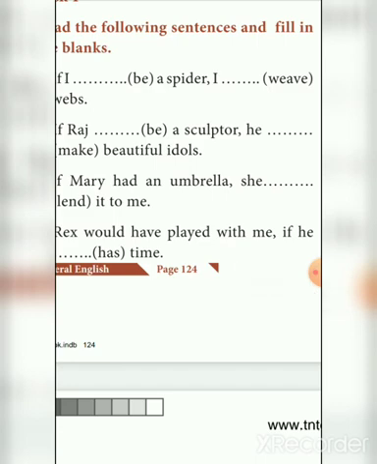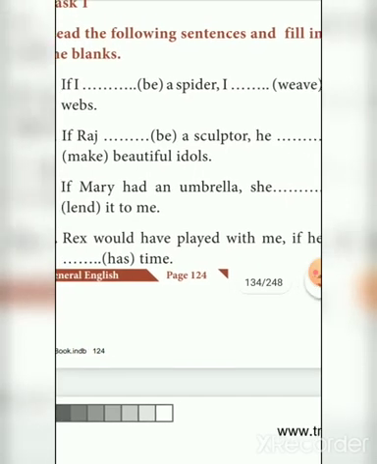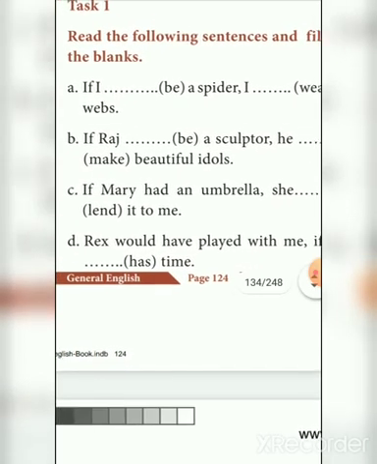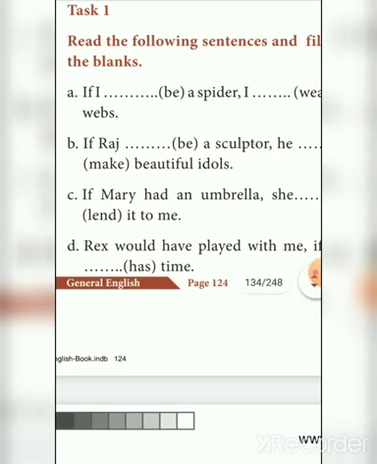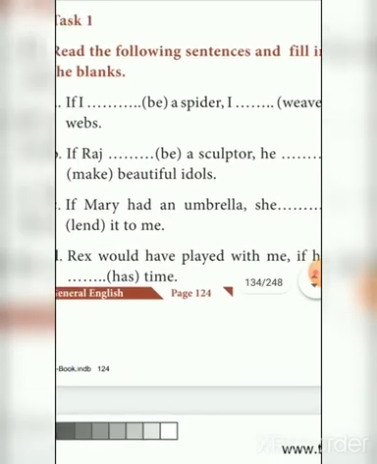Zero conditional, first conditional, second conditional: improbable, past tense. If clause in the past tense, what will be the result? Yeah, future in the past. So the answer is would be, would plus the base form of the verb be. So the first question answer is, if I were a spider, I would weave webs.